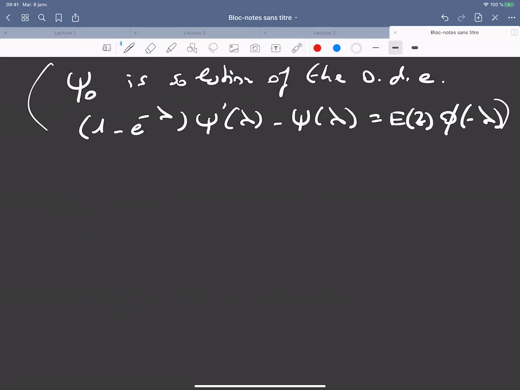So now I just subtract psi null from psi, and I'm following the path that you have to follow when you want to solve a differential equation if you know a special solution.